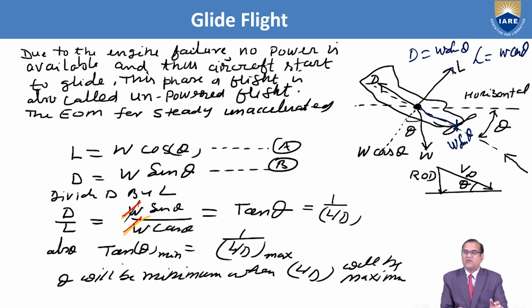So L by D should be maximum. Tan theta minimum gives the minimum glide angle, so that we can have more range and more endurance. So tan theta minimum is equal to 1 by L by D maximum. So theta will be minimum when L by D is the maximum. So we should have this angle theta minimum during glide.